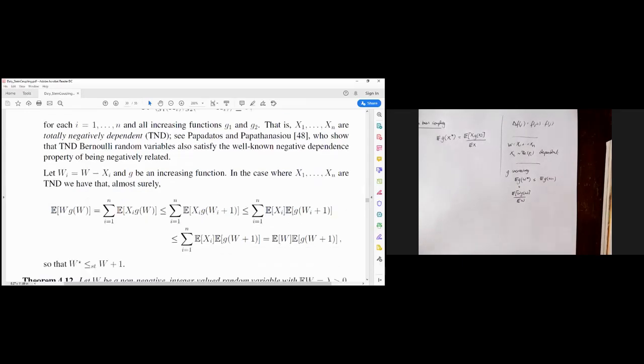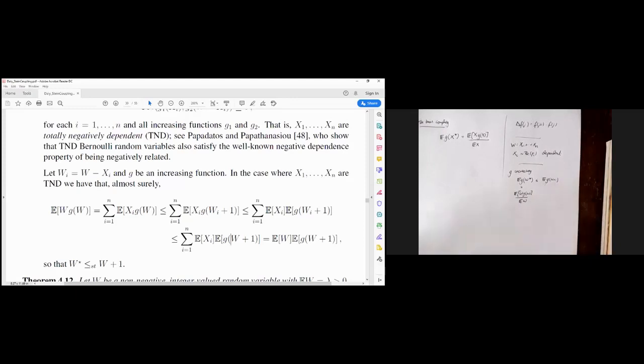Once I've done that, well, Wi is almost surely less than W, because I go from Wi to W, adding on something that's either 0 or 1. And the reason that I want to do that is now I can get rid of any dependence on i in this sum. And so, just pulling the sum back into the expectation of my xi's, I've got the expected value of W, which is what I had on the bottom here, and the expected value of G of W plus 1.